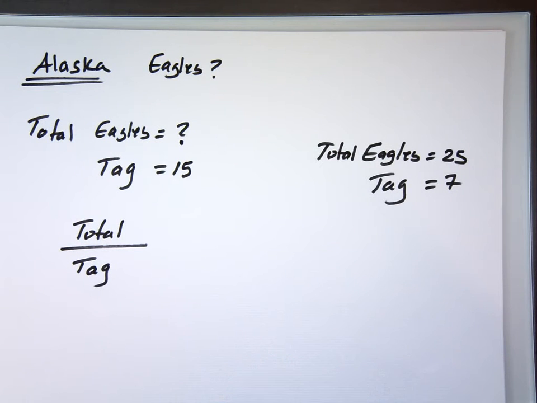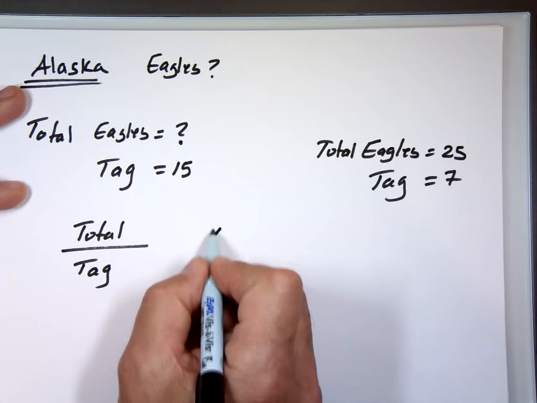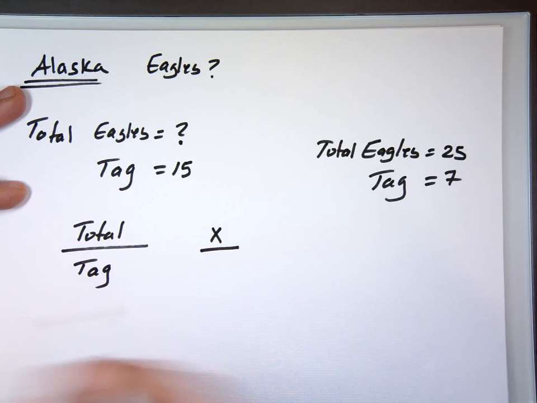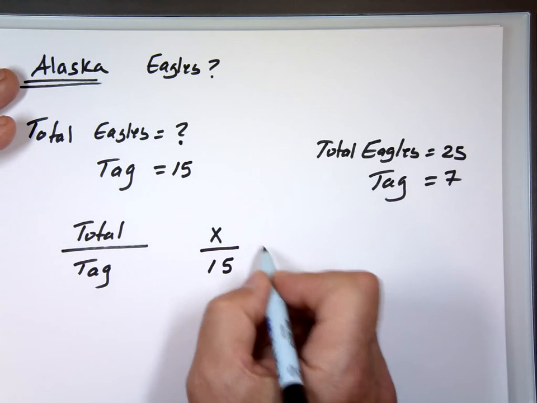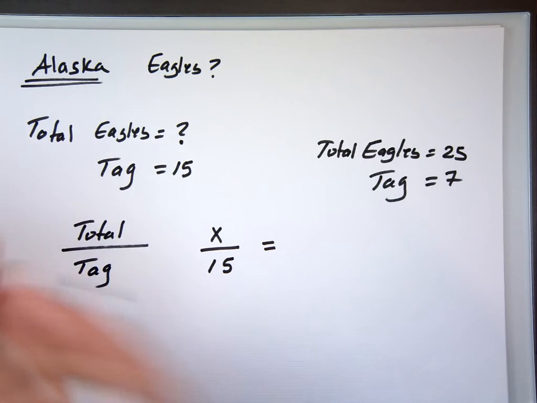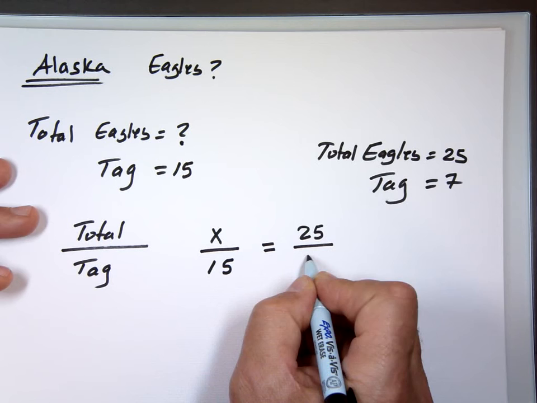On the first day, the total number of eagles is unknown to us. I'm trying to figure out that number. How many were tagged? 15. On the second visit, altogether, how many did we catch? 25. And how many were tagged? 7.